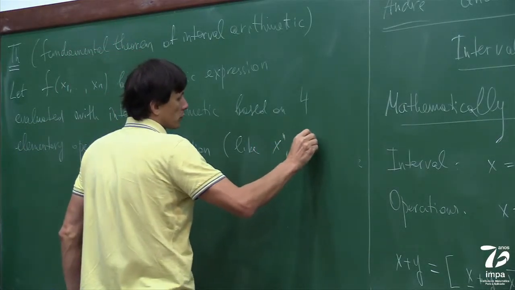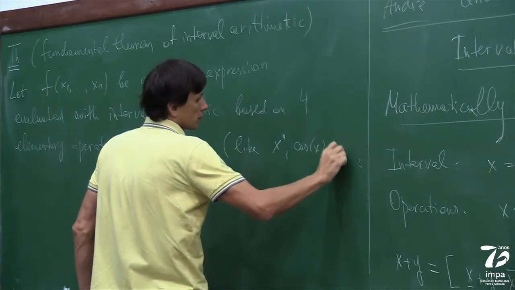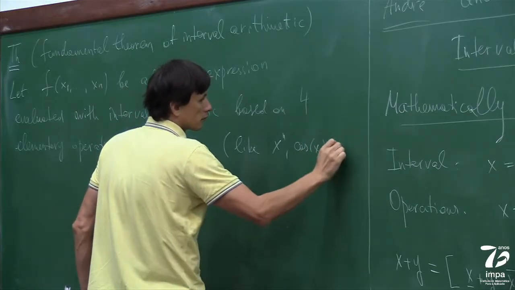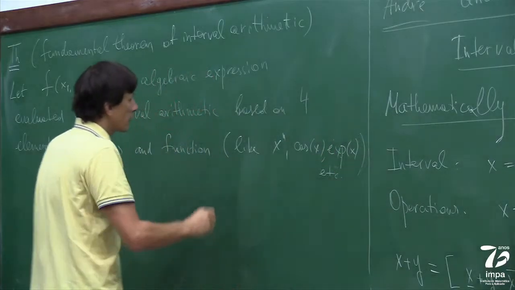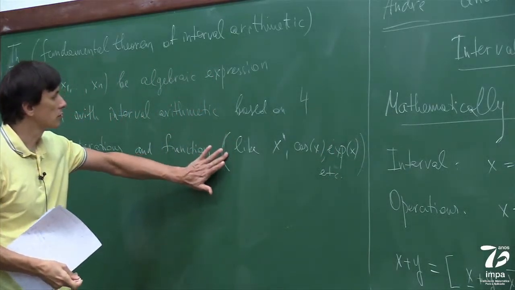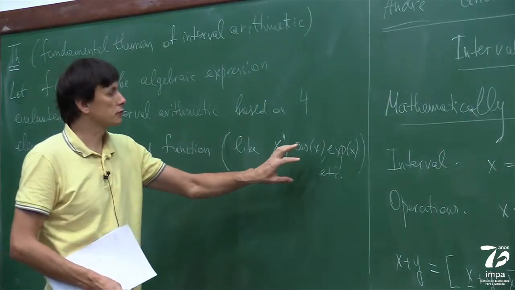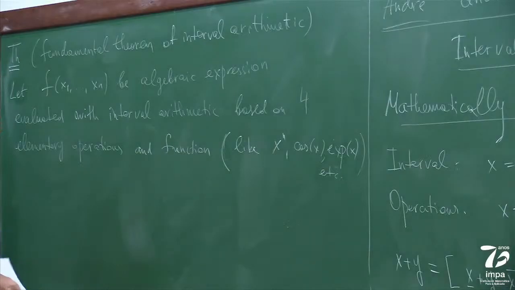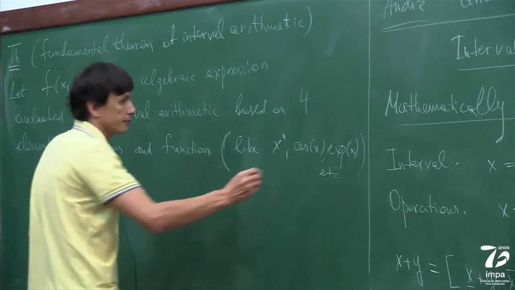You can also define cosine x, exponent x, and so on. So you can write special programs which evaluate some elementary functions: just give an interval, and it gives you the interval for the result. So the version related with information based on point.